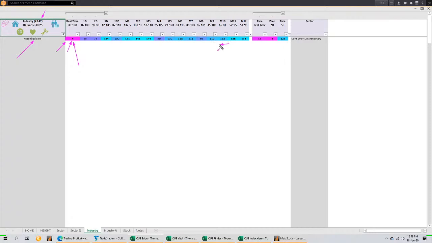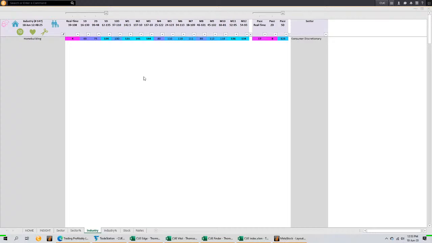Instantly you can see that the home building industry was strong earlier, relatively speaking, and it is one of the weakest today. The pace columns are showing that it is decelerating heavily today in real time and also over the previous 2 days. Therefore, you found a stock where the industry is very weak.